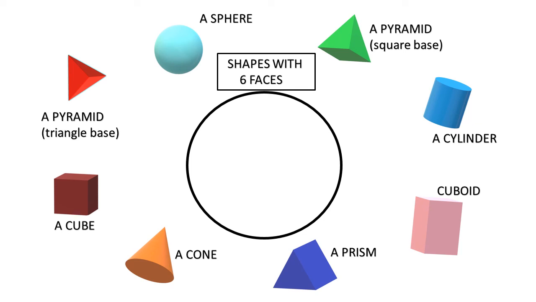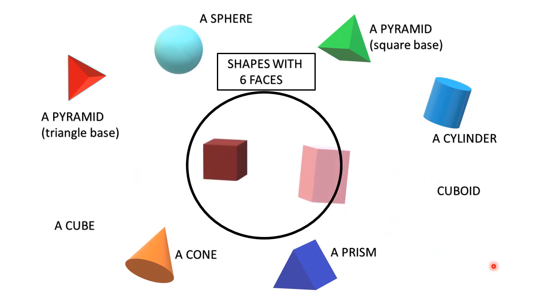C. Sort shapes with 6 faces. The shapes with 6 faces are the cube and the cuboid. The others have less than 6 faces.